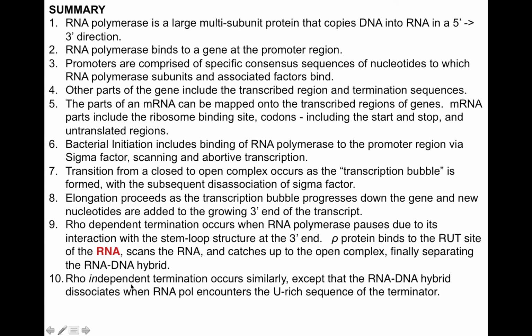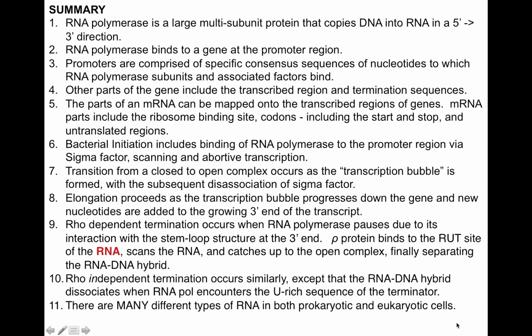Rho-independent termination occurs similarly, except that the RNA-DNA hybrid dissociates when RNA Pol encounters the U-rich sequence of the terminator. There are many different types of RNA in both prokaryotic and eukaryotic cells.